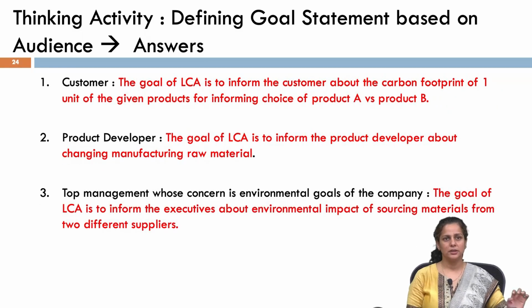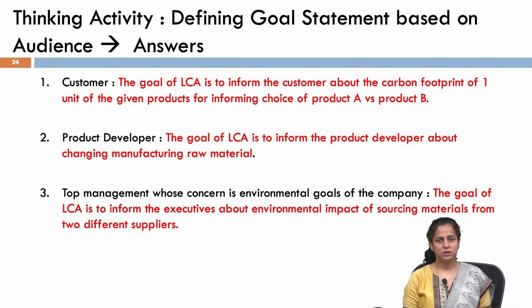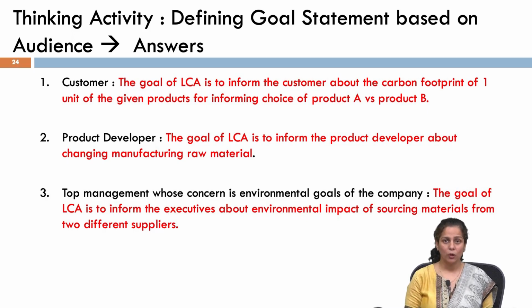And the last one is top management, whose concern is the environmental goals of the company. So, in this case, the goal of LCA is to inform the executives about the environmental impact of sourcing materials from two different suppliers. And now here you see that instead of just looking at the substitution of material, they will also be looking at the operations of the suppliers.